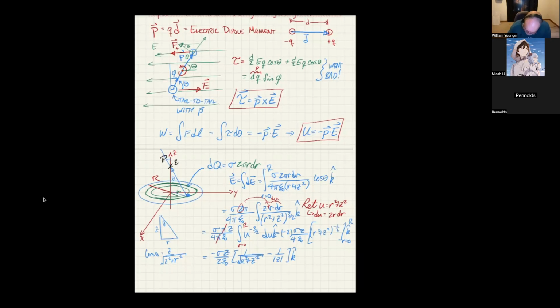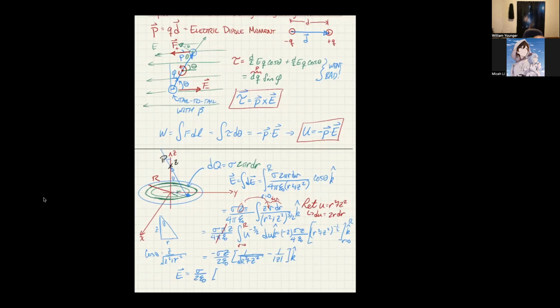So I can actually reverse this order, and then I finally say that the electric field is equal to sigma over 2 epsilon naught. There's a reason why I'm pulling the z inside. That's going to be times 1 minus z over the square root r squared plus z squared, like that. And all that's in the k-hat direction, and we're done.